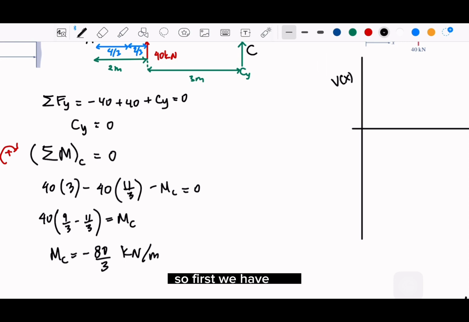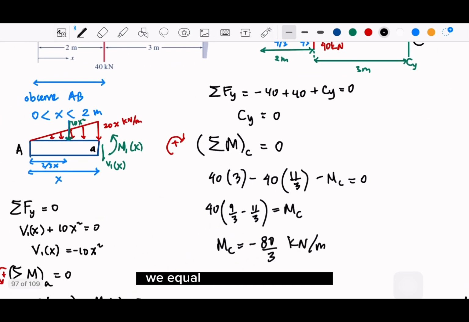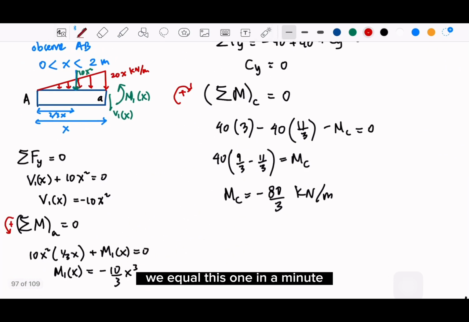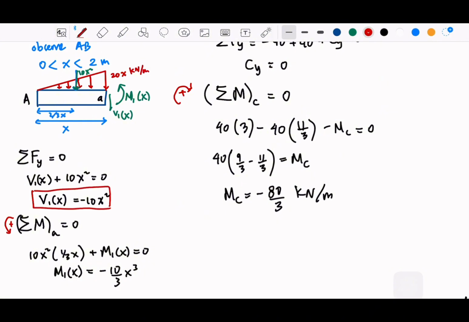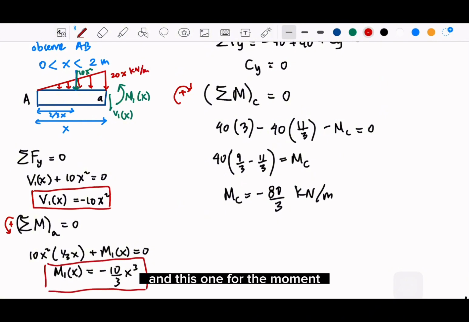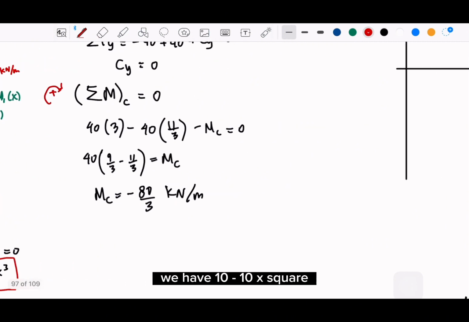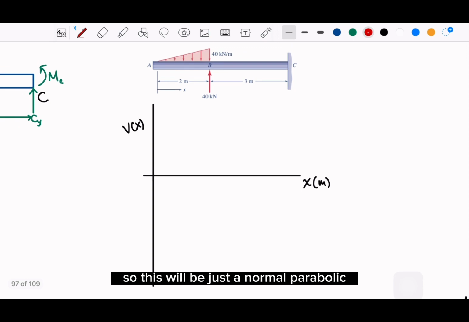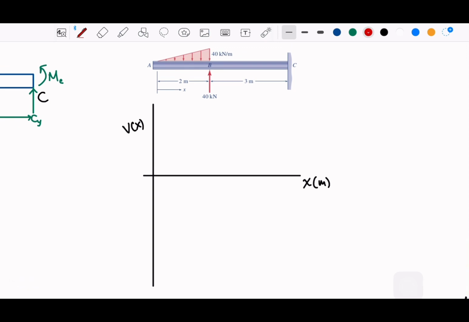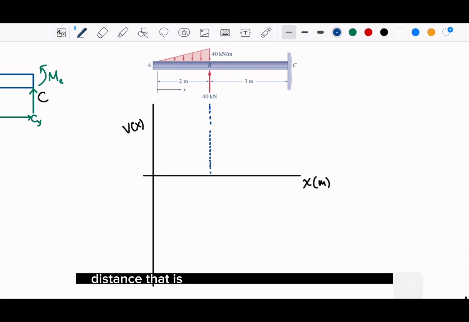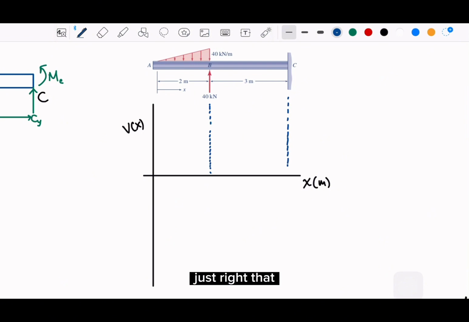So first we have V equal to this one, and this one for the moment. For the shear diagram, we have negative 10x squared, so this will be just a normal parabola. We can note the significant distances, that is 2 meters, and then 3 meters here.